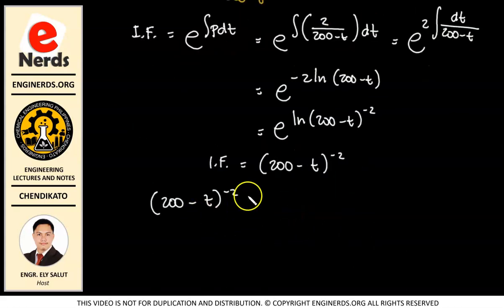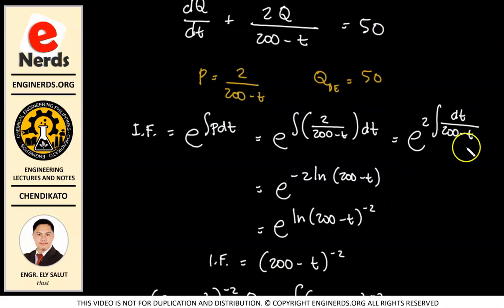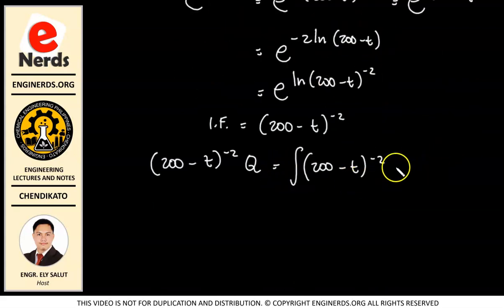Okay, so we have q. And this will be equal to the integral of our integrating factor, which is 200 minus t to the negative 2 times our q, which is yung nasa right side ng ating equation, which is 50. And then we have dt in here.